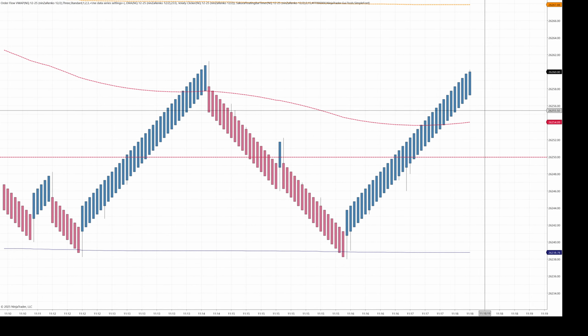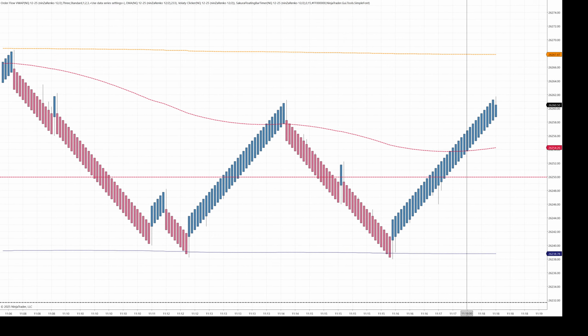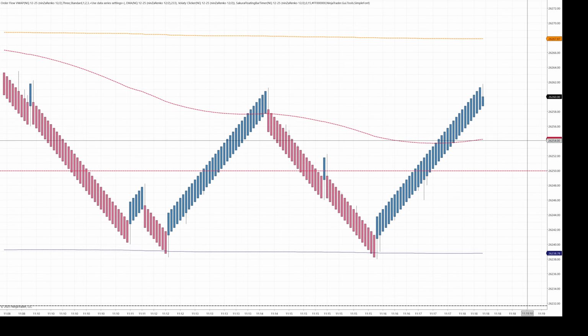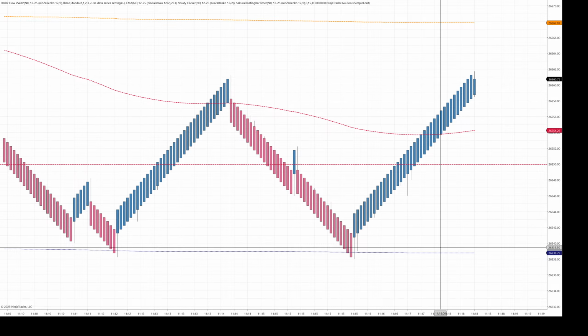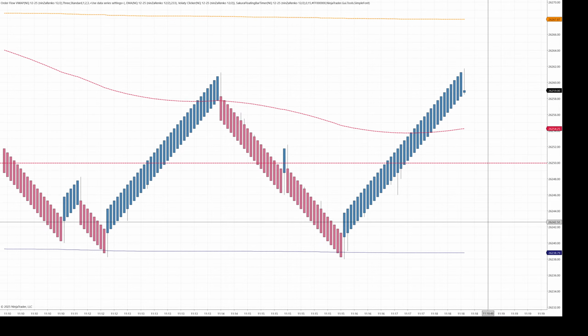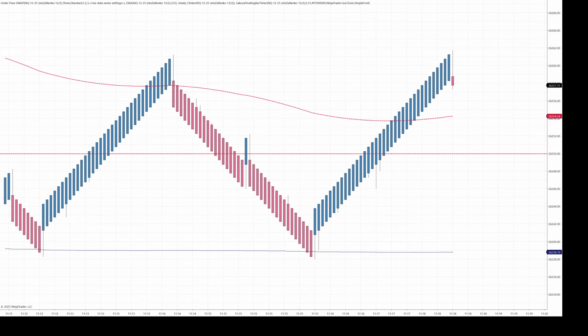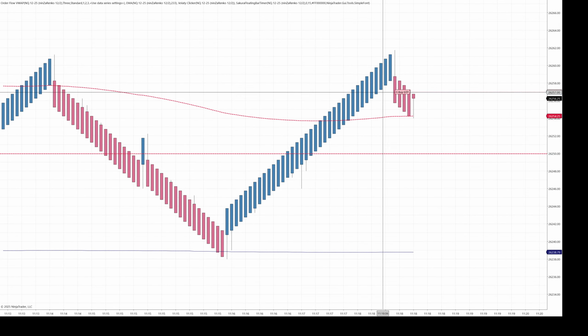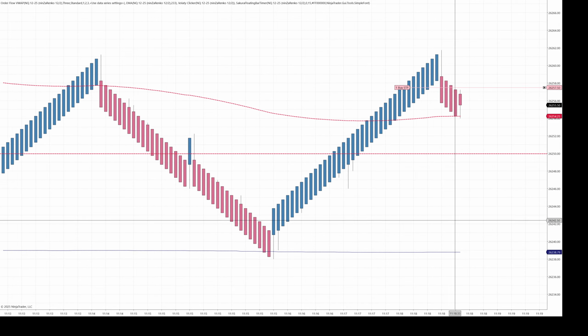Now I'm looking for a bounce off the T-line to go back up, or if we go up to the VWAP, a bounce to go back down. Either way. Okay, see if we get the bounce up here.